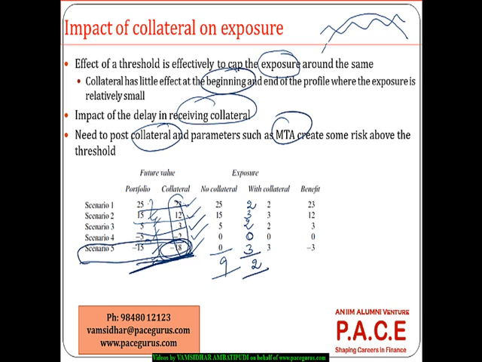It is as good as I have deposited a collateral worth 18. If I have deposited a collateral worth 18 and my exposure is only 15 there, my collateral is over collateralized. The collateral which I have deposited is for a very high value. So that is the amount also which I am going to lose in case the counterparty defaults.